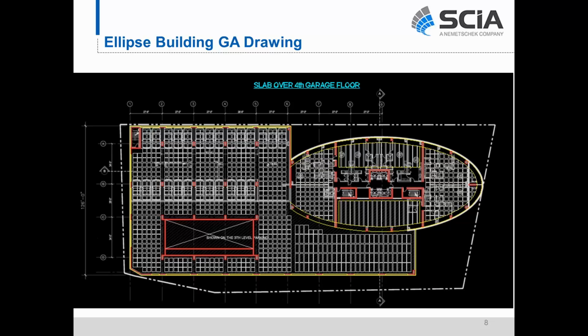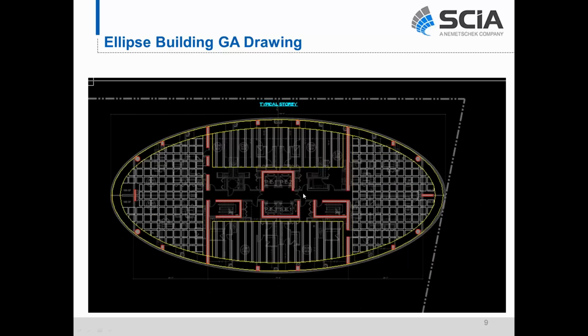It includes a set of cores in the center, shear walls, columns in the perimeter, and ribbed slabs, one-way and two-way, as you see on the left and right, and the top and bottom. And the dimensions: it has 43 stories, 445 feet height.